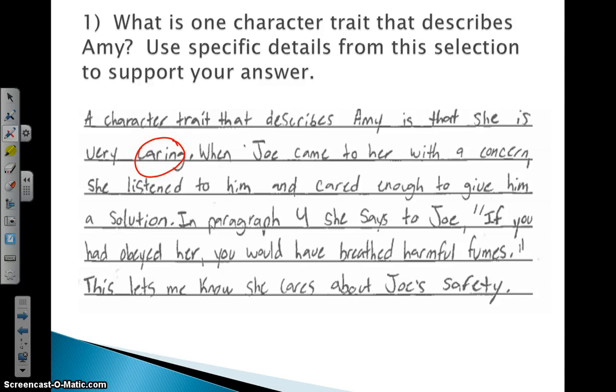This lets me know she cares about Joe's safety. So here you have a very specific detail quoted right from the text to prove the answer that she was caring. Be careful that you don't just say it happens in paragraph 4 and leave it at that. You must have the specific detail quoted or very specifically explained.